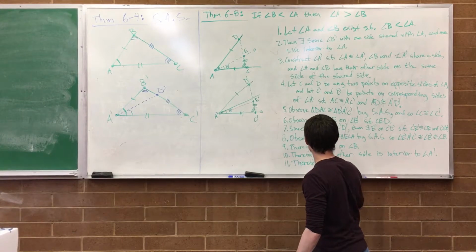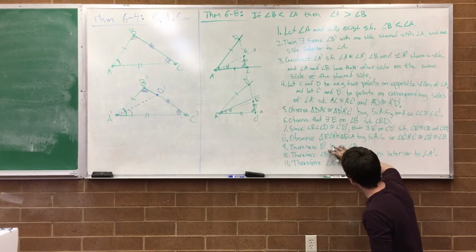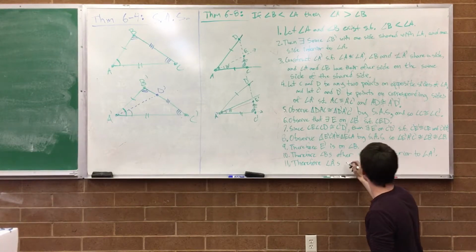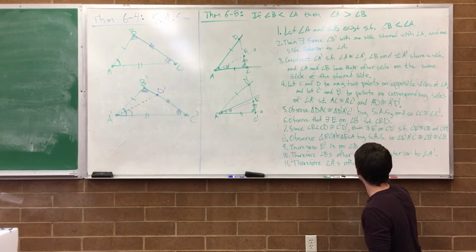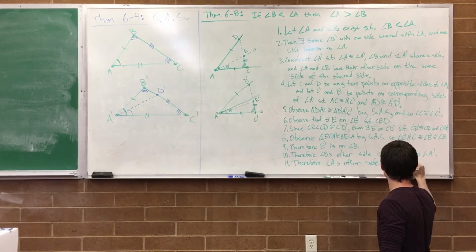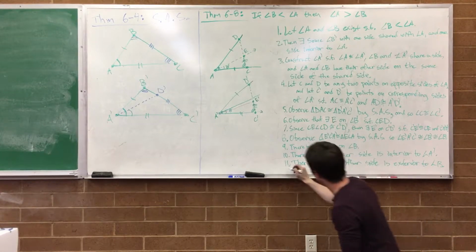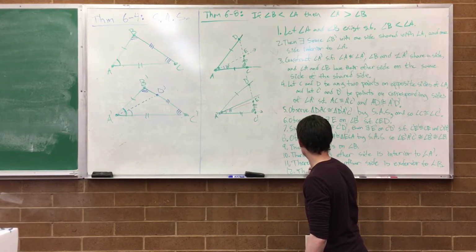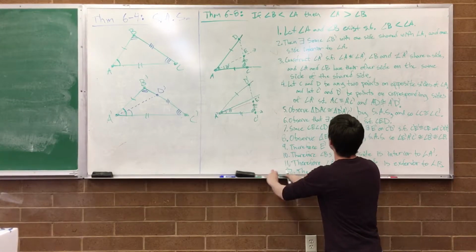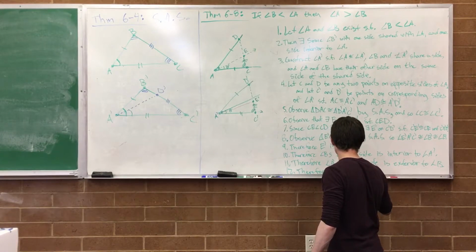Therefore, angle A prime's other side is exterior to angle B. 12. Therefore, angle A is greater than angle B.